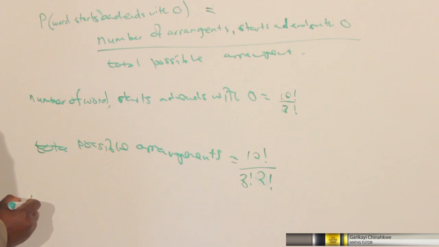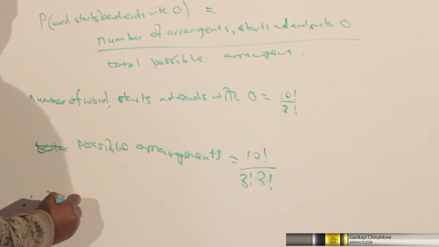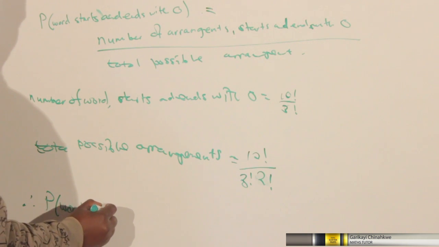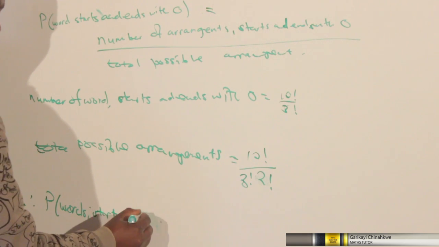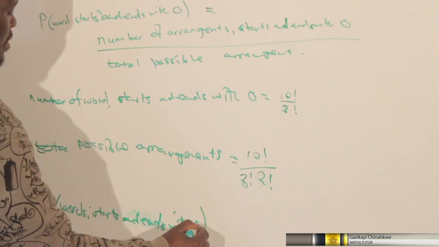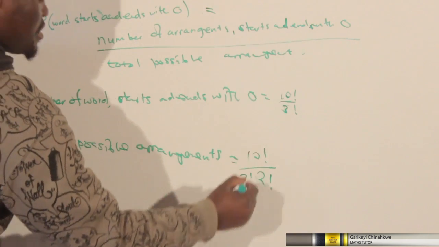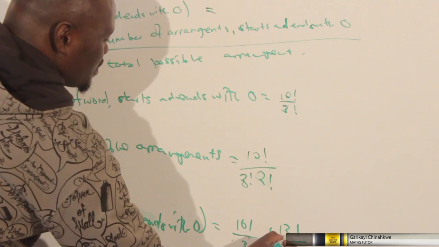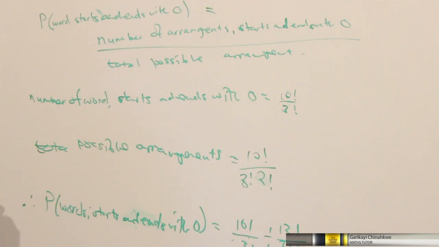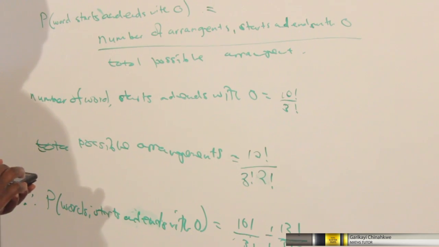Which means the probability that the word starts and ends with O is given by the number of arrangements, 10 factorial over 3 factorial, divided by 12 factorial over 3 factorial times 2 factorial.